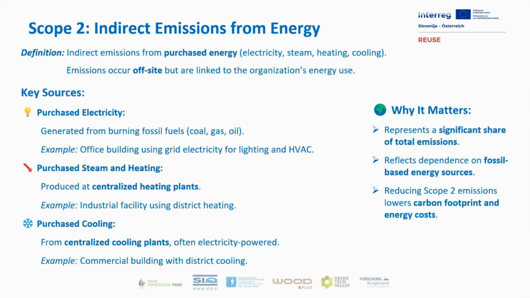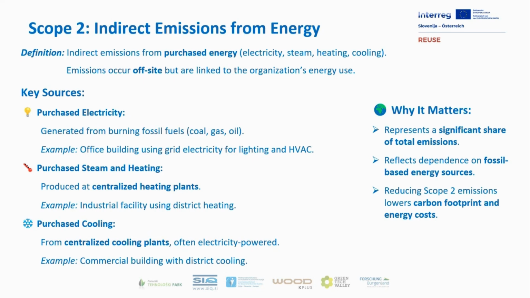Now let's move on to Scope 2 emissions, which represent another important part of an organization's carbon footprint. Scope 2 refers to indirect greenhouse gas emissions that come from consumption of purchased energy, mainly electricity, steam, heating, and cooling.